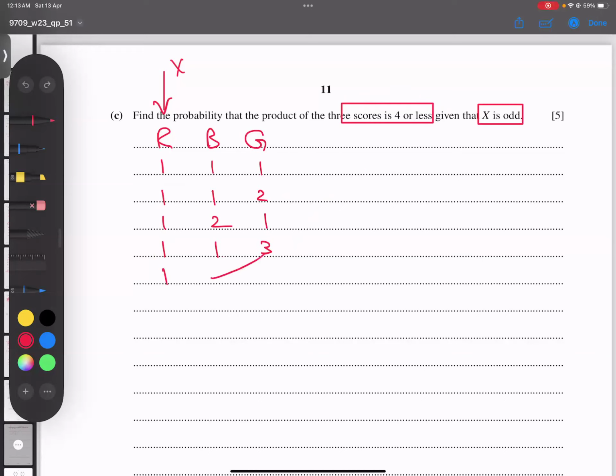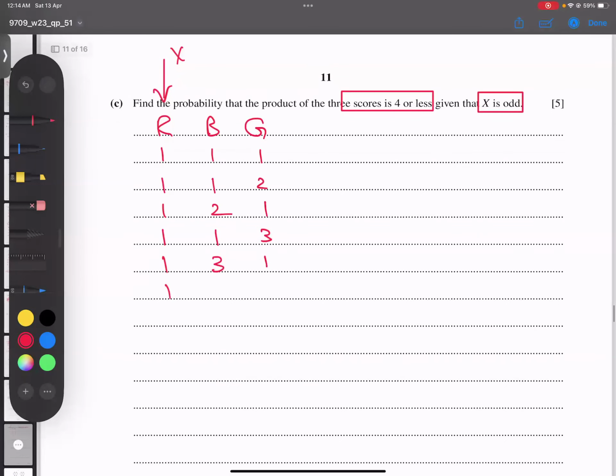Why not 3 comes here and 1 comes here, meaning 1, 3, 1. So what about 1, 1, 4? The product is again 4, and we again have an odd number. If I change them to 1, 4, 1, it is the same story once again.